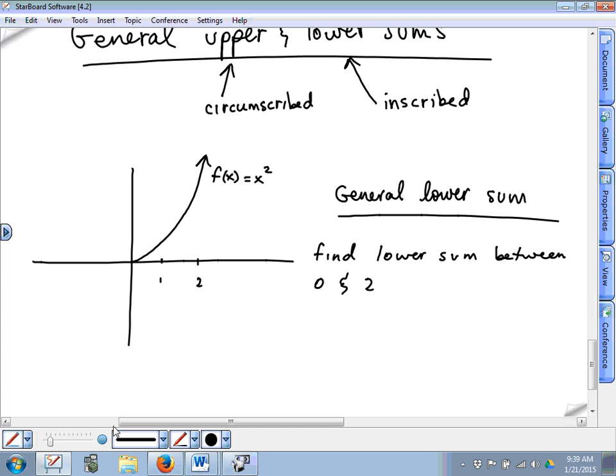It doesn't specify a number of rectangles, so we're just going to keep it in general. The number of rectangles is going to be n.